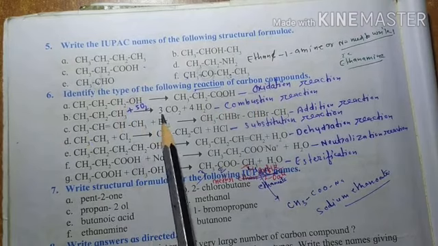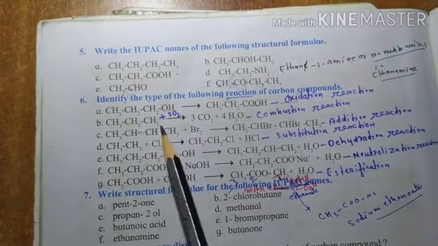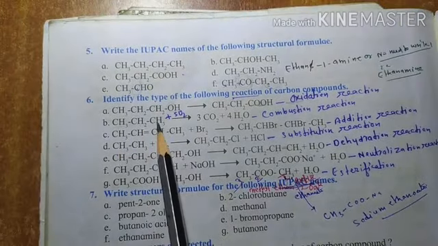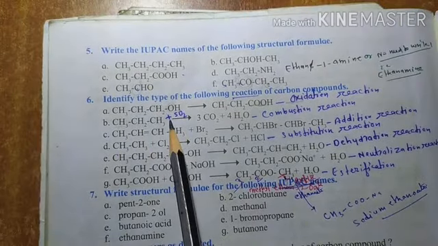Here we have O2. This is a carbon compound. We know that if we burn hydrocarbon compounds in the presence of oxygen, carbon dioxide plus water is formed. This is a combustion reaction.